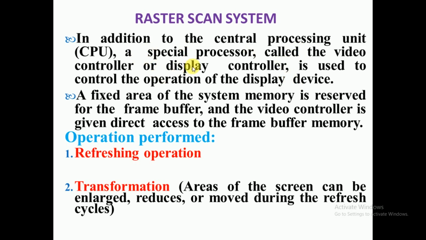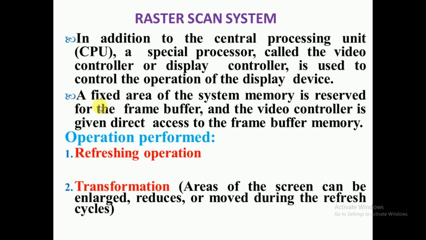From that memory, how to display it is taken care of by the video controller. By inserting one more additional processor, the video processor, you reduce the burden on the CPU. Otherwise, who has to do it if the video controller is not there? In olden days there was no video controller. At that time everything was done by the CPU, which was heavily loaded, and then your speed was reduced. That's why the video controller does that.